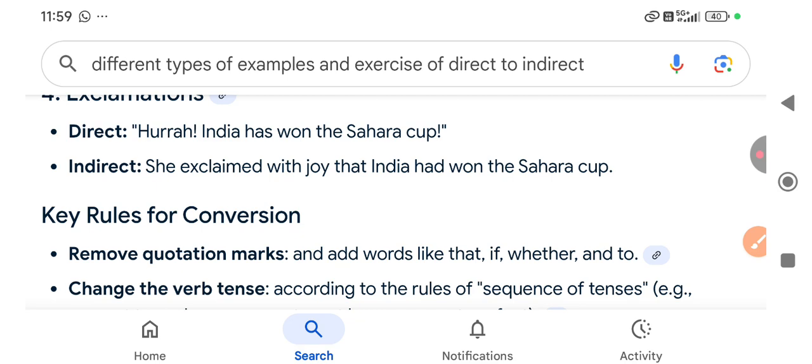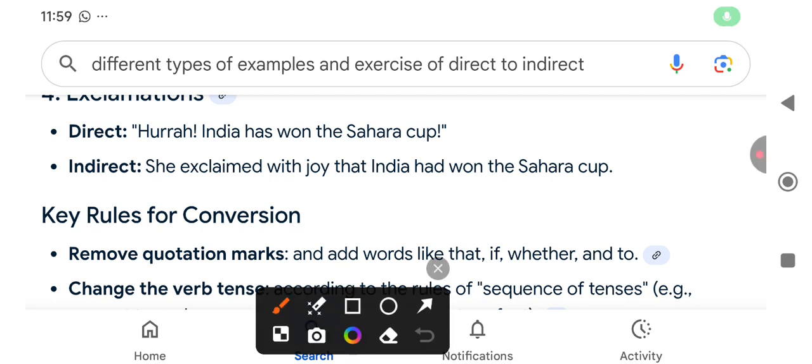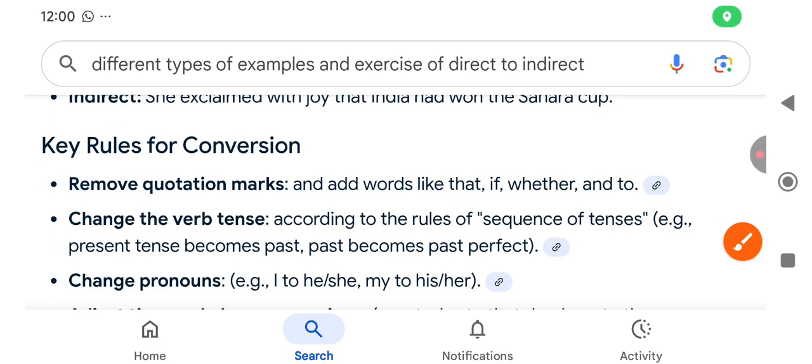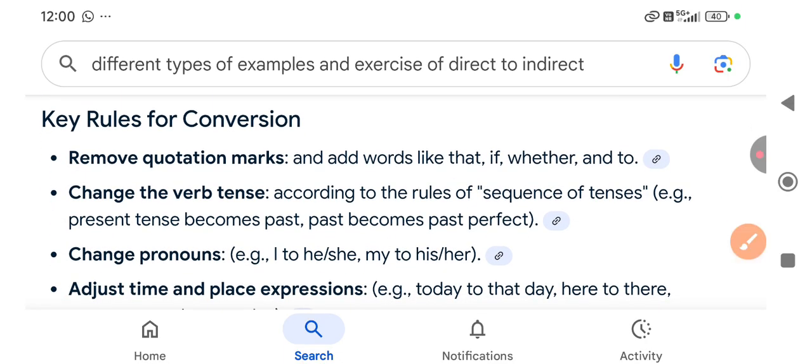So she exclaimed with joy. This way you should write. She exclaimed with joy, then the conjunction that, India had won the Sahara Cup.